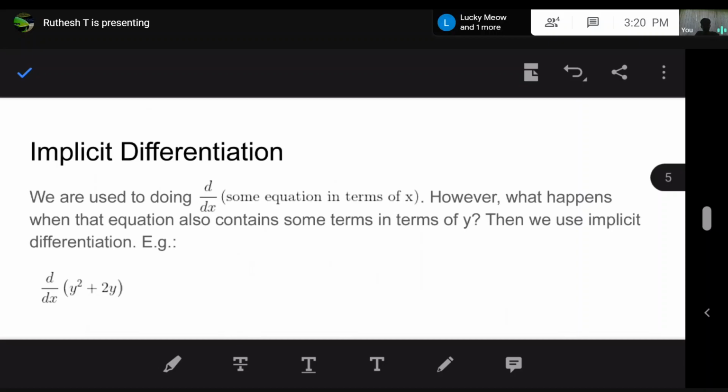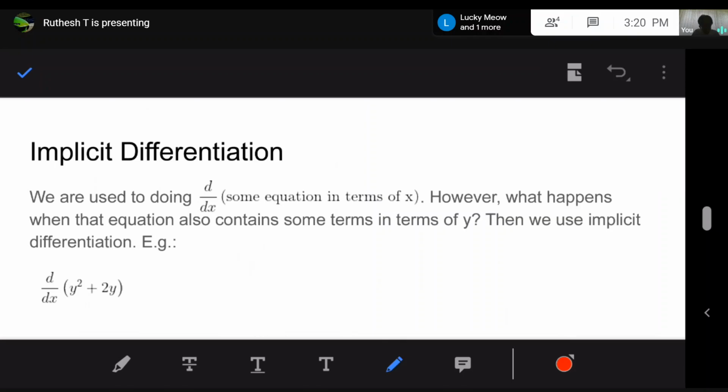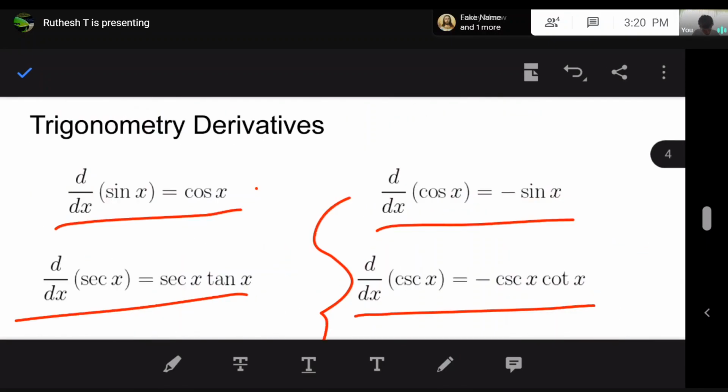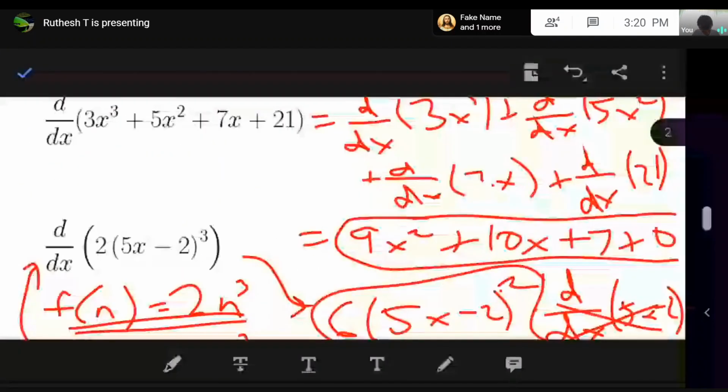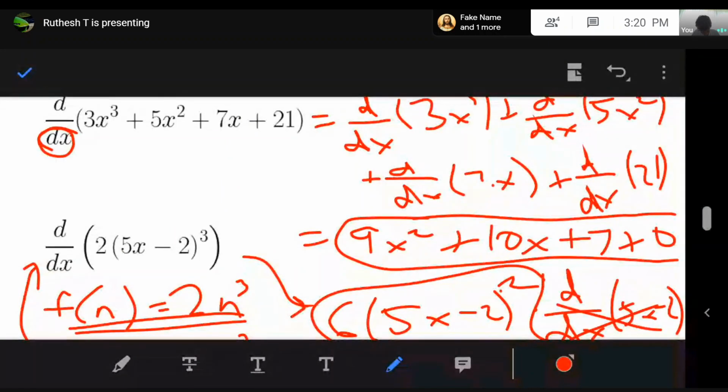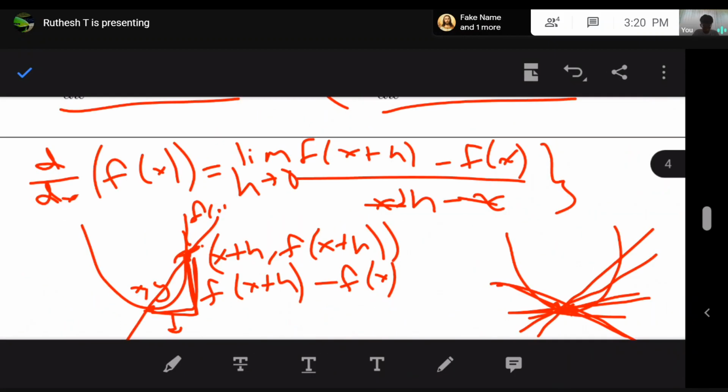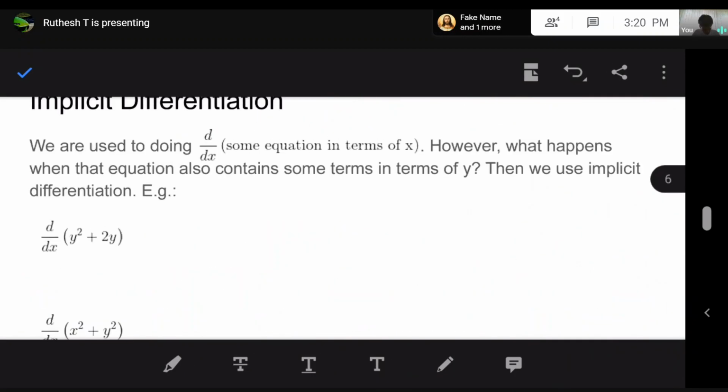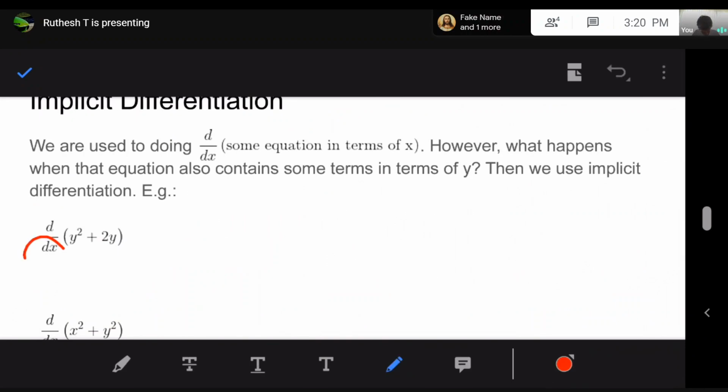So what I mean by that is we did derivative with respect to x, like here, right, and then this was all in terms of x. But now we're going to see what happens when we do derivative with respect to x, d over dx, of something that has some y terms in it as well.